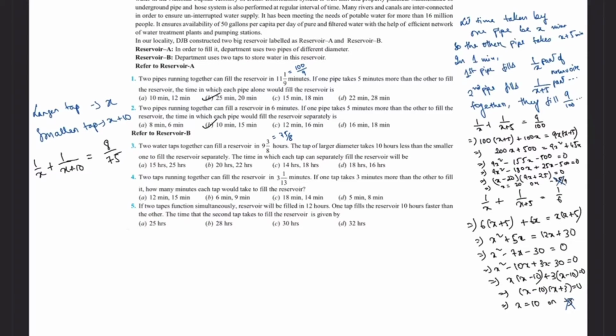So again, multiply everything by 75 into x plus 10. That will give us 75x plus 10 plus 75x, which should be equal to 8x times x plus 10.